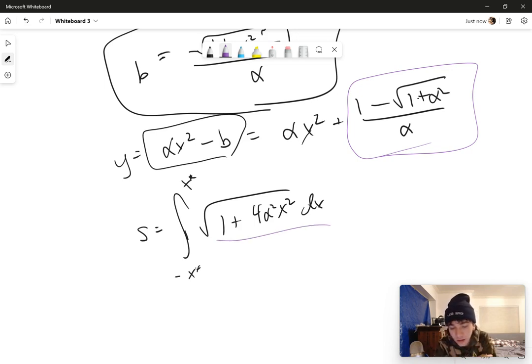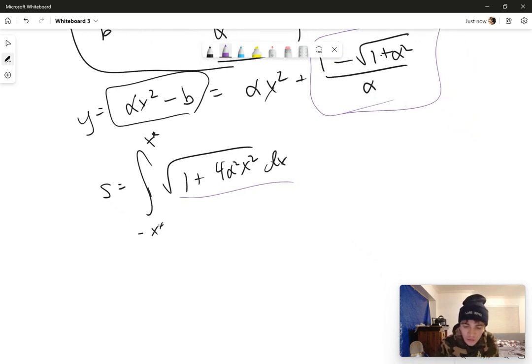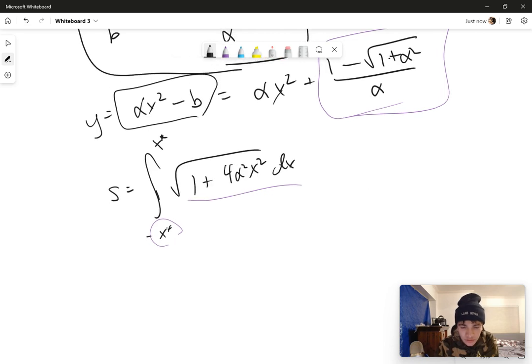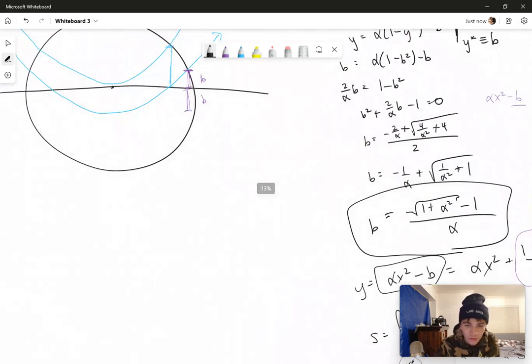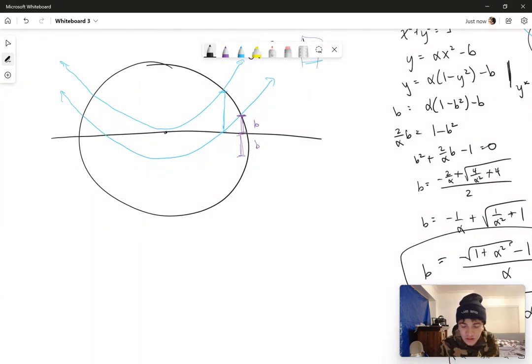So we can solve this integral explicitly in terms of alpha and x, okay? And it turns out that it's still a really, really gross integral, okay? But the crucial step is going to come in. Let me show you all how to finish off the problem.